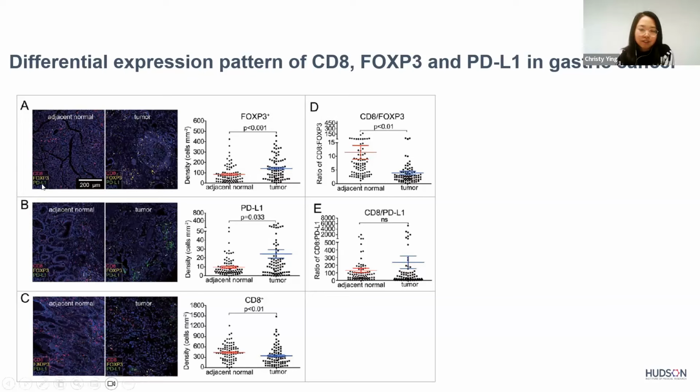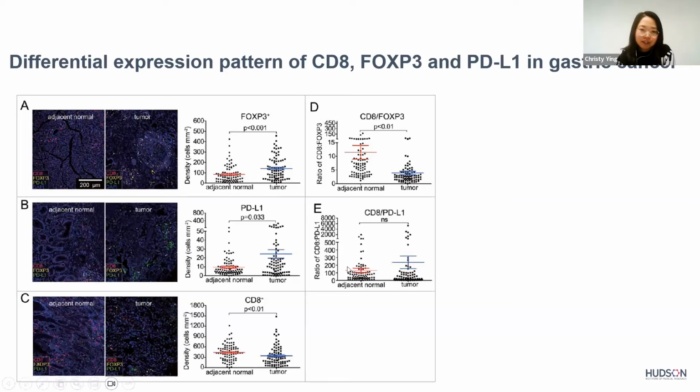We did find increased expression of FOXP3 positive Treg cells and PD-L1 positive cells in the tumor samples when compared to the adjacent normal, where we see decreased expression of CD8 positive T cells in the tumor samples compared to the adjacent normal.